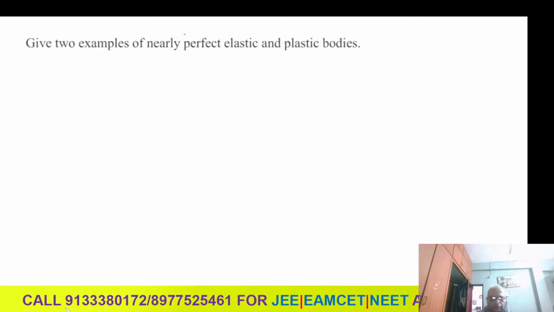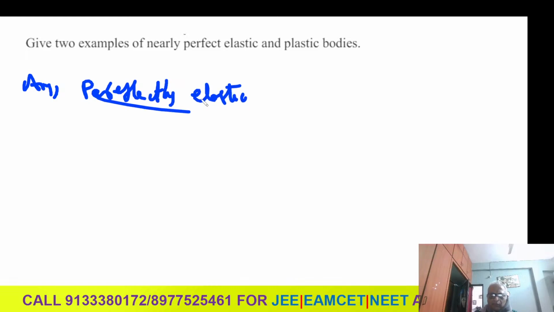Right. State two examples of perfectly elastic and perfectly plastic bodies. Answer. First I am giving perfectly elastic bodies. One is quartz. Perfectly elastic means strain should be zero.